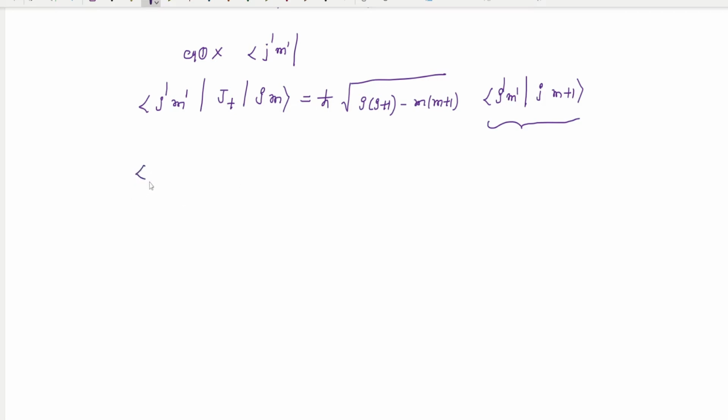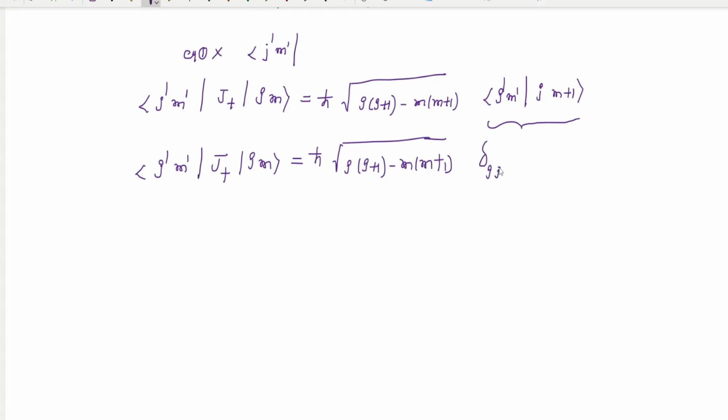The next step is J prime M prime into J plus J M equal to H cross root of J into J plus 1 minus M into M plus 1. I am going to write this notation like this: delta J J prime, delta M prime, M plus 1.